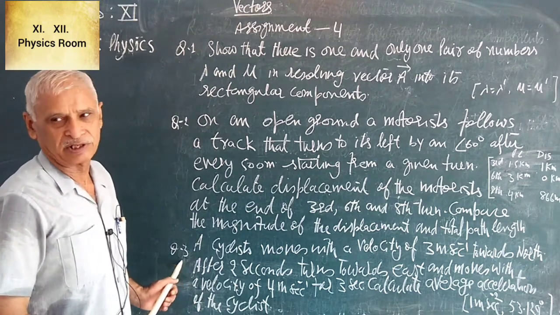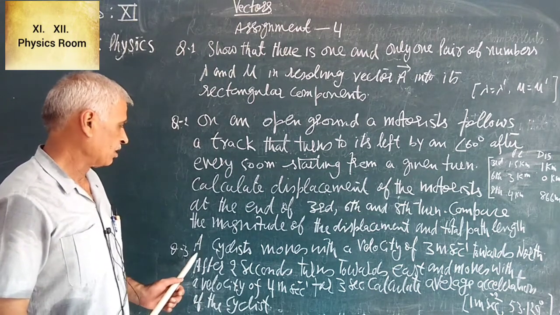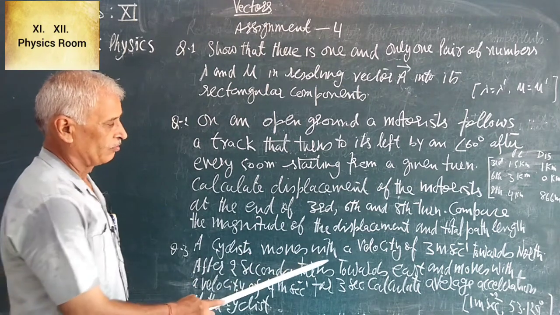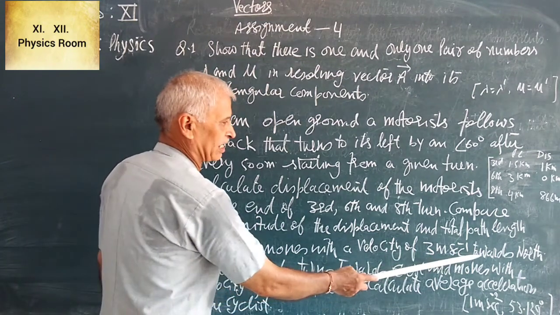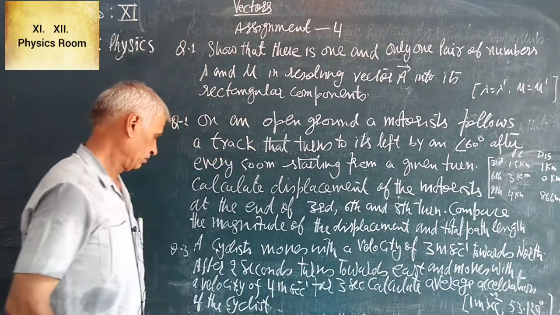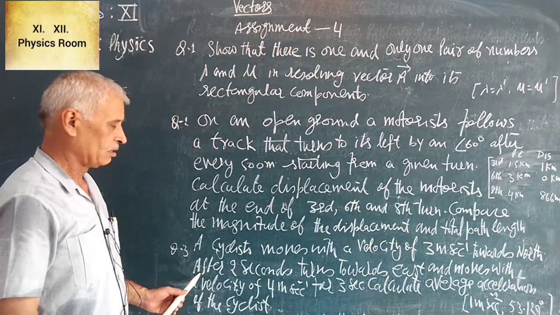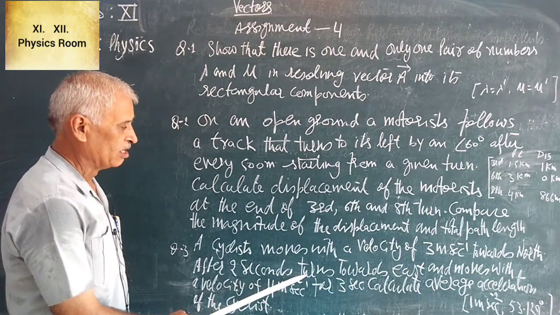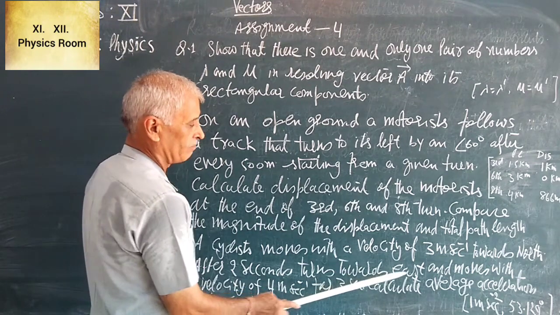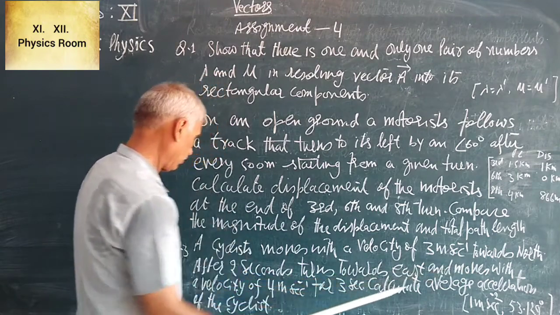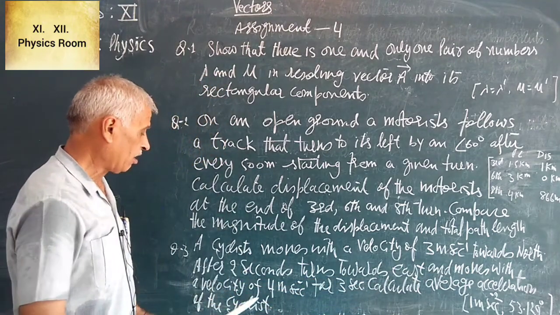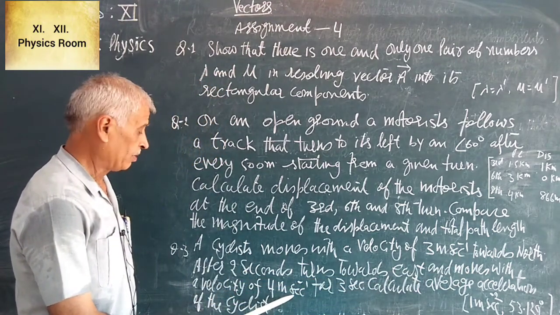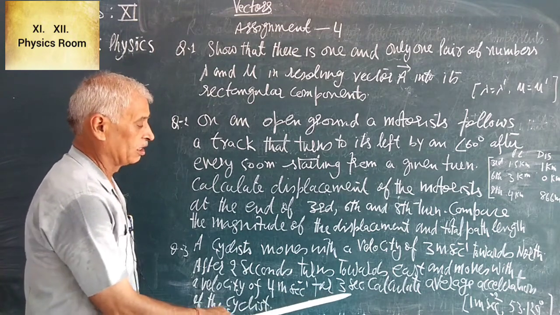Now question number 3. A cyclist moves with a velocity of 3 meters per second towards north. After 2 seconds, he turns towards east and moves with a velocity of 4 meters per second for 3 seconds.